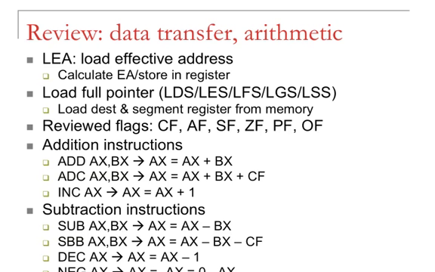Load full pointer is going to update the destination and also the segment register, and we do that by loading multiple bytes from memory into these two registers. So let's look at a sample.